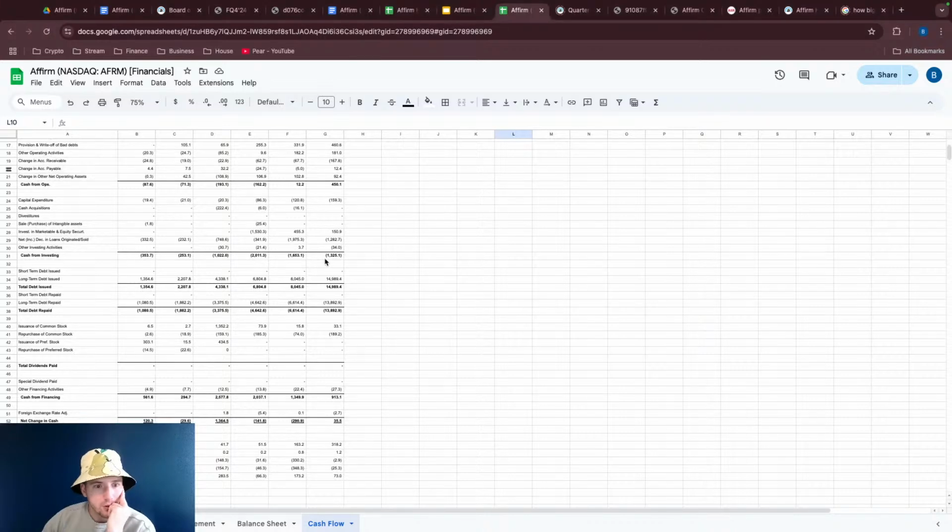Okay, if we're gonna do something, there's too many to take a screenshot. I'm just gonna make a chart of this. I'm gonna do cash from investing, cash from operations, and then the total debt. Damn, that's so much though.